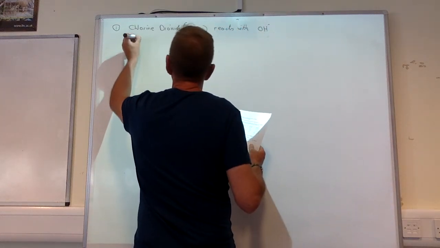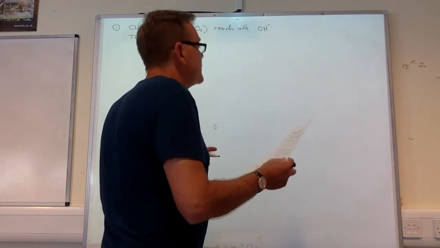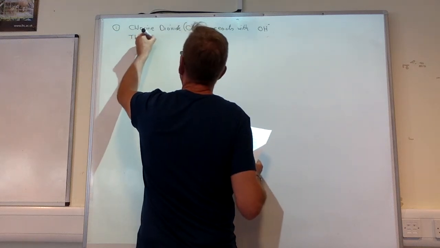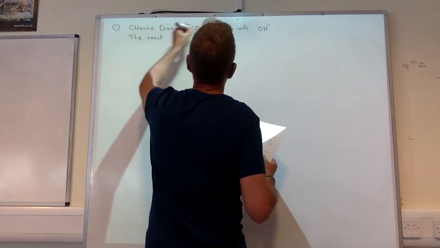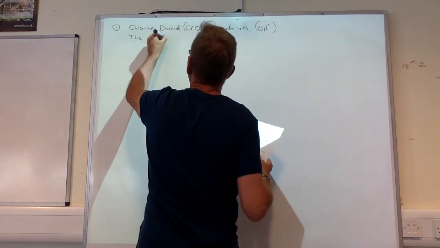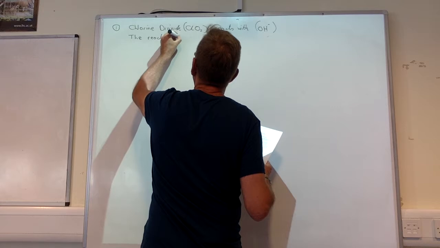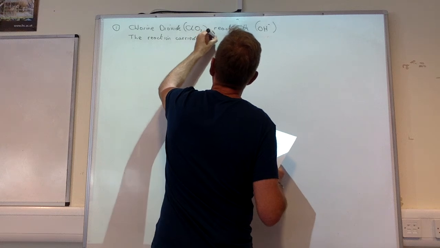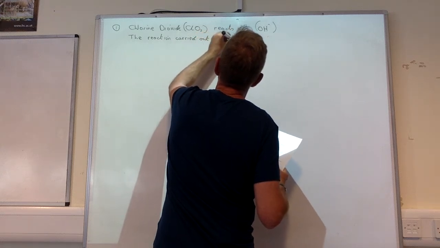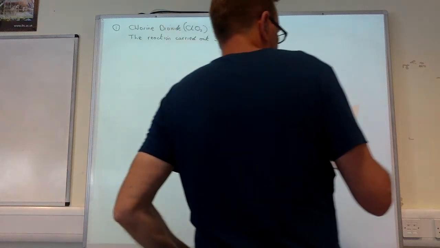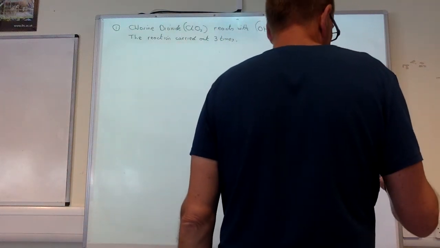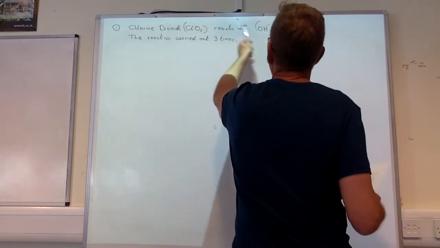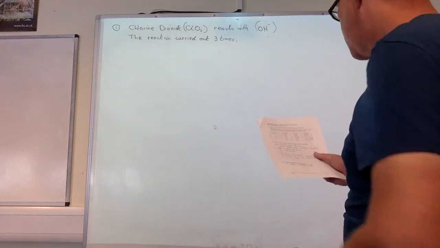There isn't an equation, but let's just stick to this. The reaction with hydroxide was carried out three times. It looks to me like it's going to be a disproportionation reaction. But anyway, the reaction was carried out three times.